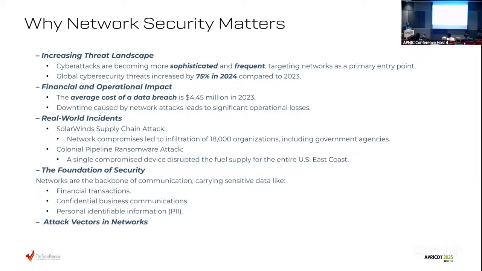As one of our fellow participants mentioned, the SolarWinds supply chain attack is a huge example in front of us. Almost 80,000 organizations that took support and services from SolarWinds got affected, not only enterprises but also government agencies. The second example is the Colonial Pipeline ransomware attack.